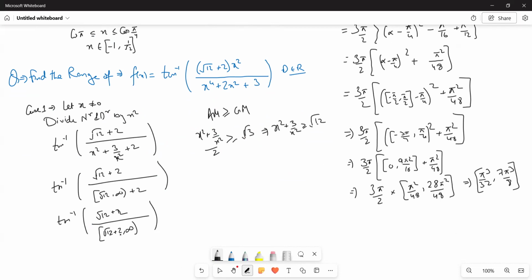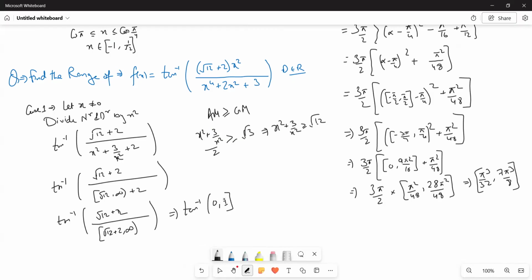Root 12 plus 2 by root 12 plus 2 would be 1, and root 12 plus 2 by infinity is obviously 0. So we end up getting this as tan inverse of a number lying between 0 to 1.